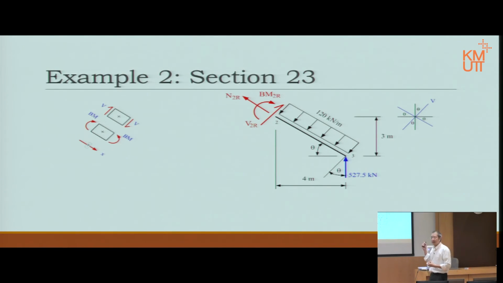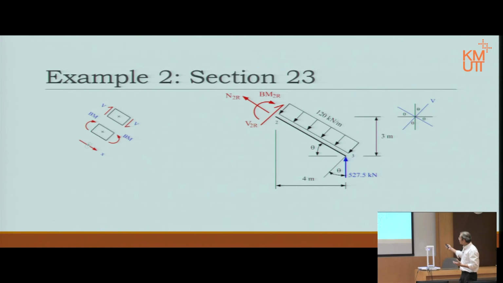It has to be fixed. Otherwise, we have to prove all this relationship again. So if x is inclined that way, the whole shear box and the whole bending moment box will have to rotate by the same amount. Then we get the sign convention shown on the left hand side of the slide.